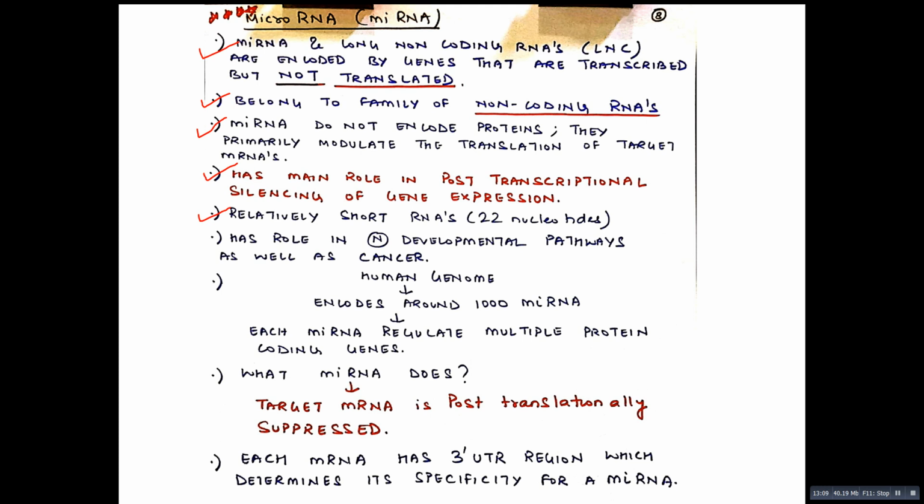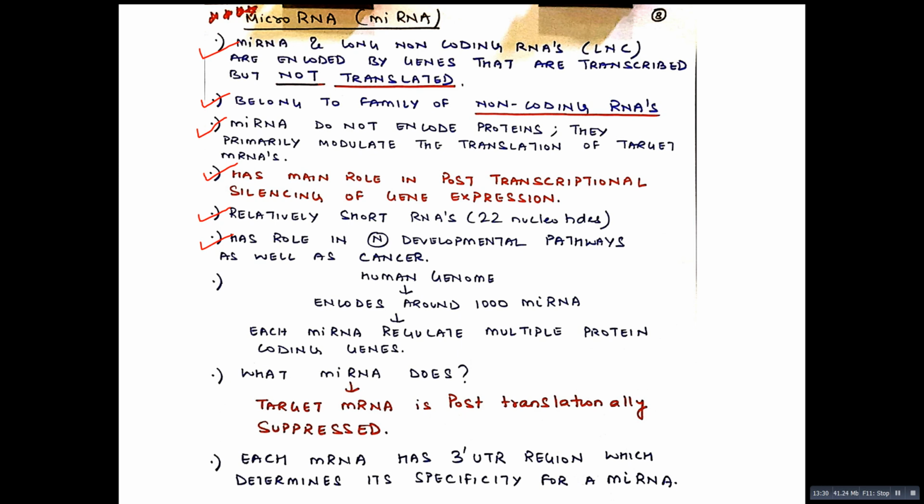These microRNAs are relatively short RNAs made of on average 22 nucleotides. They have a role in normal developmental pathways as well as cancer. The human genome encodes around 1,000 microRNAs, and each microRNA regulates multiple protein coding genes.